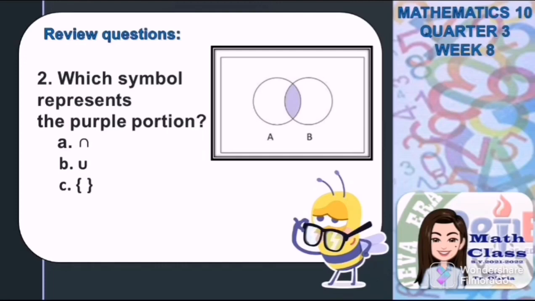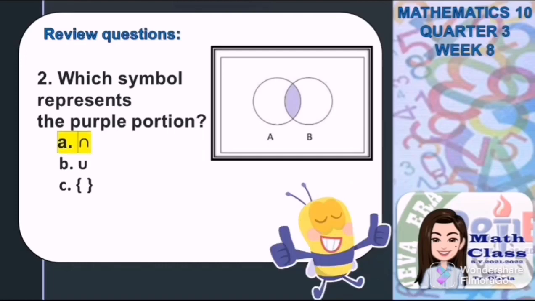Next question, which symbol represents this purple portion? A, B, or C? Very good. The correct answer is letter A. The purple portion represents intersection.